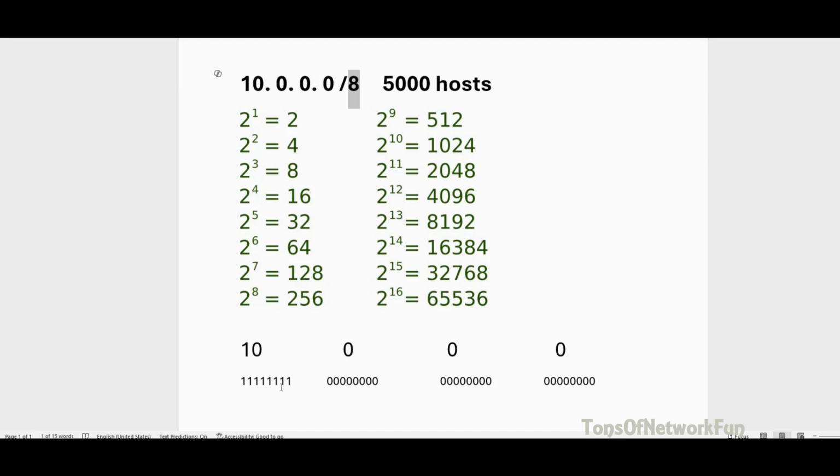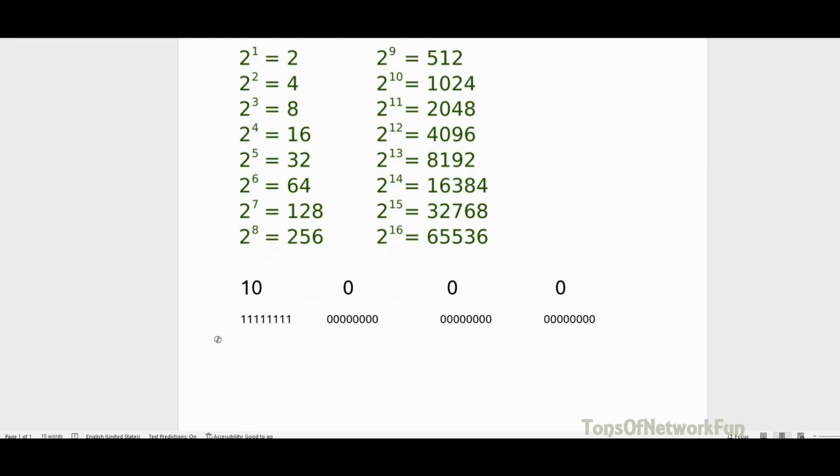Right now the subnet mask is, let me write it down, 255, because all these ones added, 128, 64, 32, 16, 8, 4, 2, 1, give 255. Then 0.0.0, because these are all zeros. This is the subnet mask right now, 255.0.0.0. But we are going to do the math now.